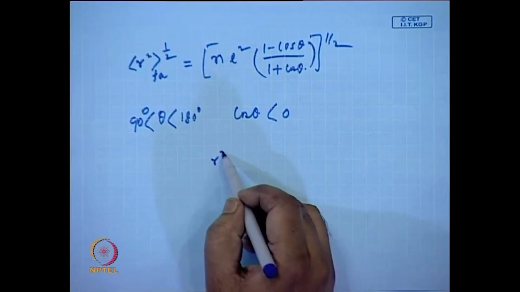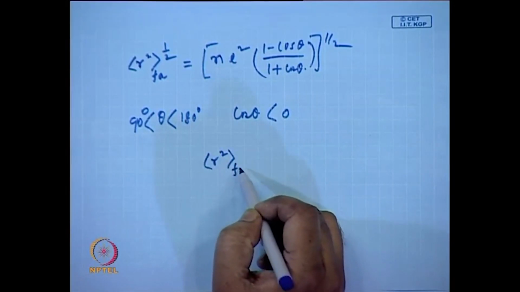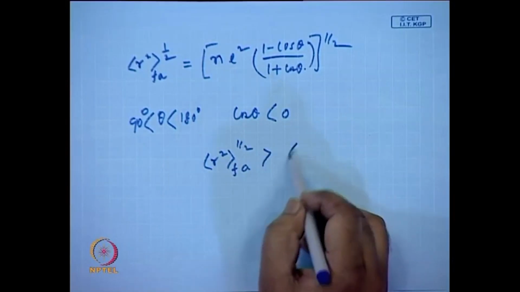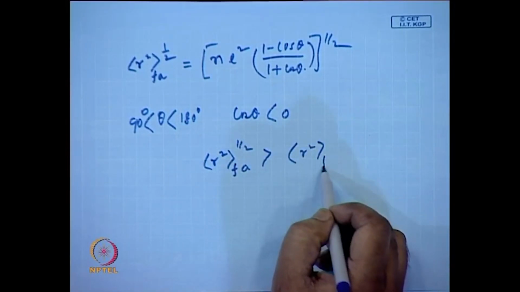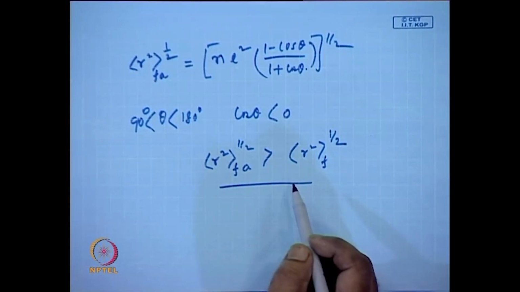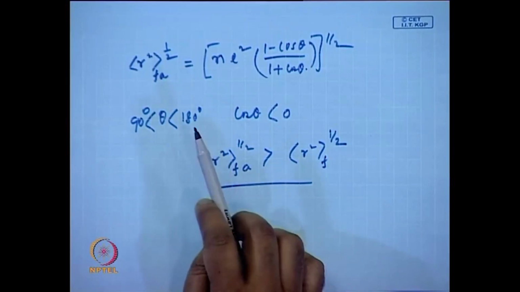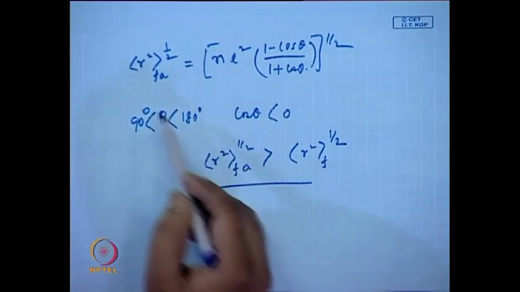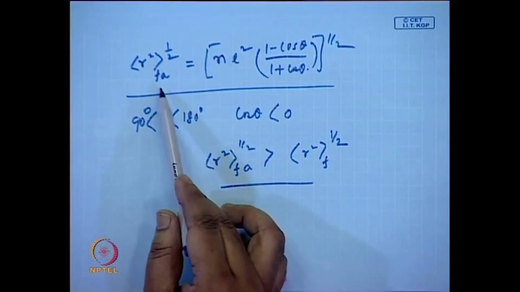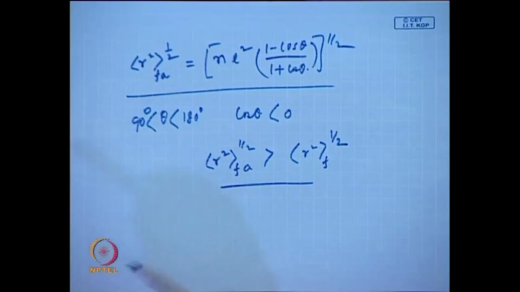Obviously, r square FA would be greater than r square freely rotating, which we have just seen from the freely rotating bond. So, this is the expression which we now got from the bond angle restriction. What we will do in the next lecture is impose the second restriction and see how this dimension changes.